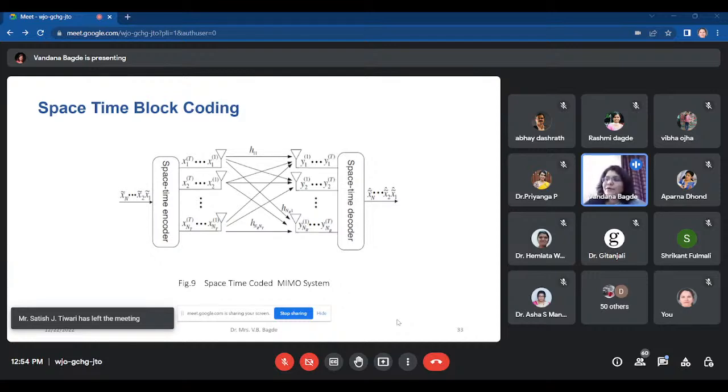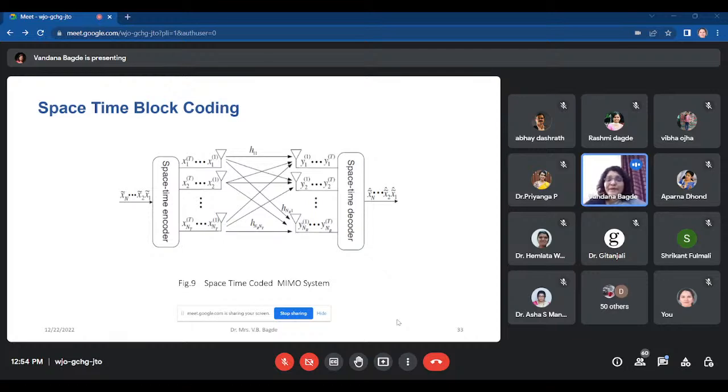But because of the complexity which arises, we need to calculate the minimum distance. Once this minimum distance path is calculated, the number of bits where the error is occurring can be detected and also corrected.